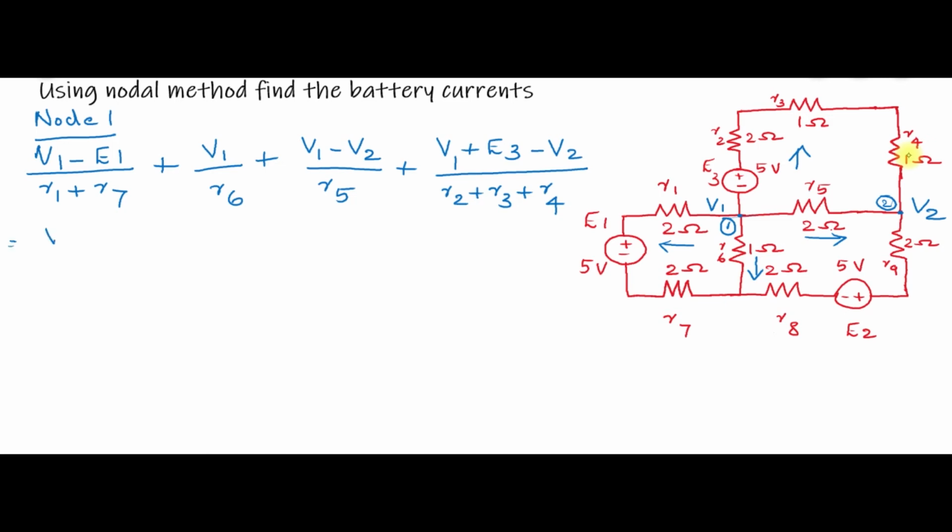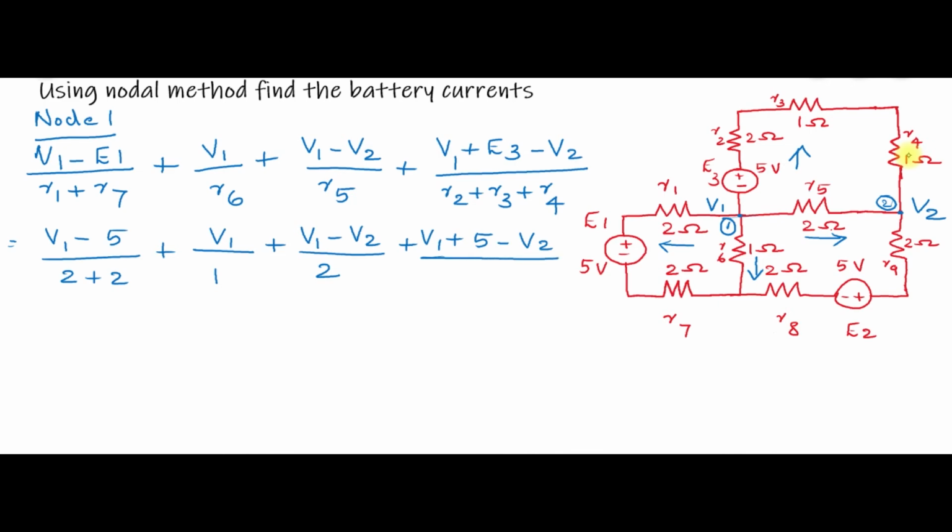So E1 is 5, R1 plus R7 is 2 plus 2. Then V1 by R6 is 1. V1 minus V2, R5 is 2. Then V1 plus E3 is 5 minus V2, divided by R2 plus R3 plus R4, where R2 is 2, so 2 plus 1 plus 1 is 4.